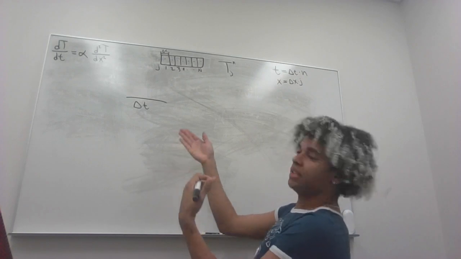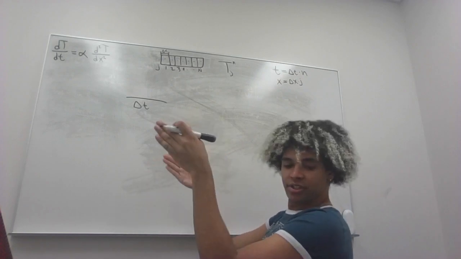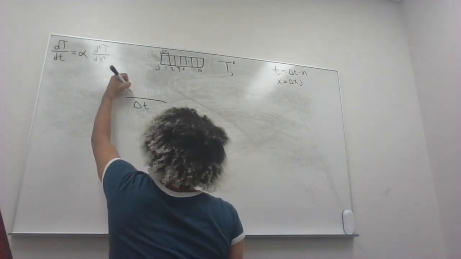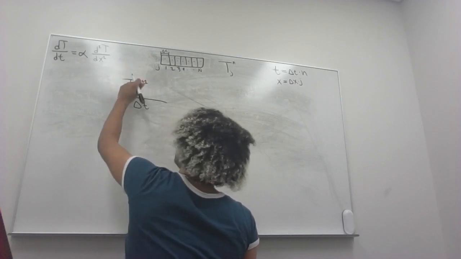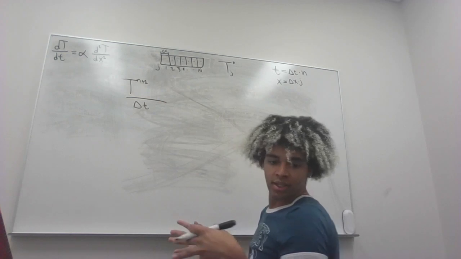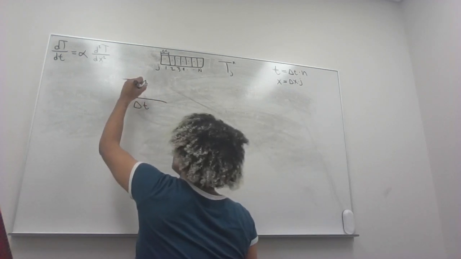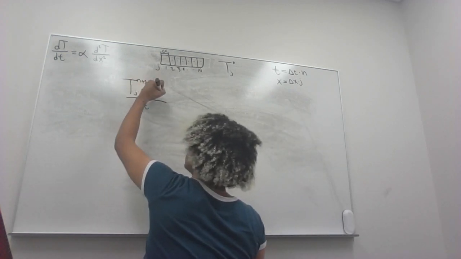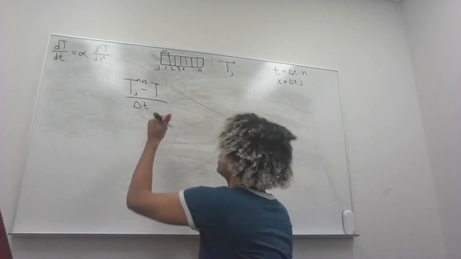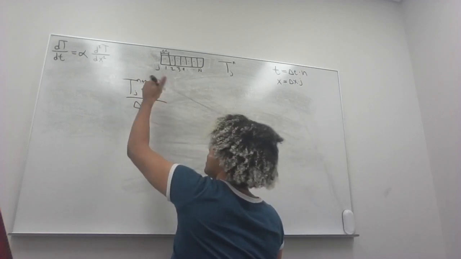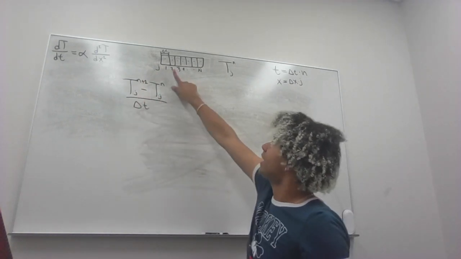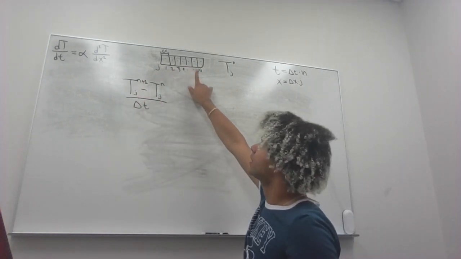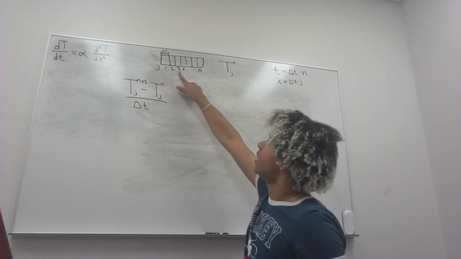We can then look at the difference in temperatures, where we look at the temperature at some counter n plus 1, j, minus the temperature at counter n, j, at that current position. So this is still at some position along this bar.